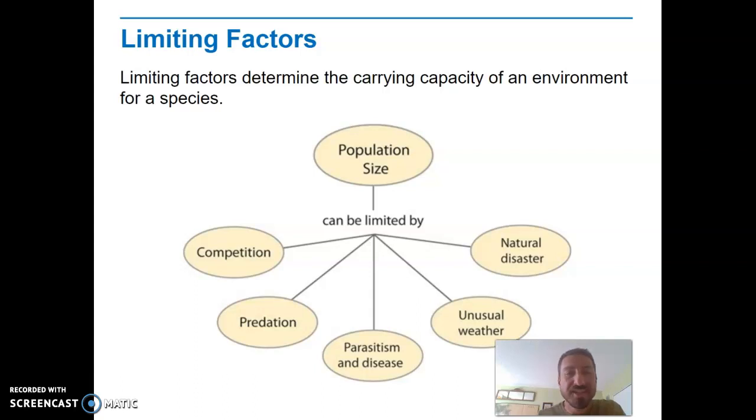Now, in this diagram, these are all the limiting factors that can keep a population size in check, keep it from continuing to grow exponentially. The two that are further to the right, natural disaster and unusual weather, these are both natural phenomena that are abiotic, not caused by living things. Abiotic means not having to do with living things.